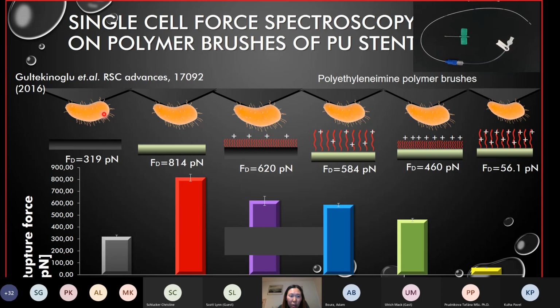When we measure the interaction of one single bacterium with this catheter surface with different polymer brushes grafted, we see that the higher molecular weight polyethylenediamine polymer brush shows really no forces, which means that they completely repel the interaction with the bacteria.